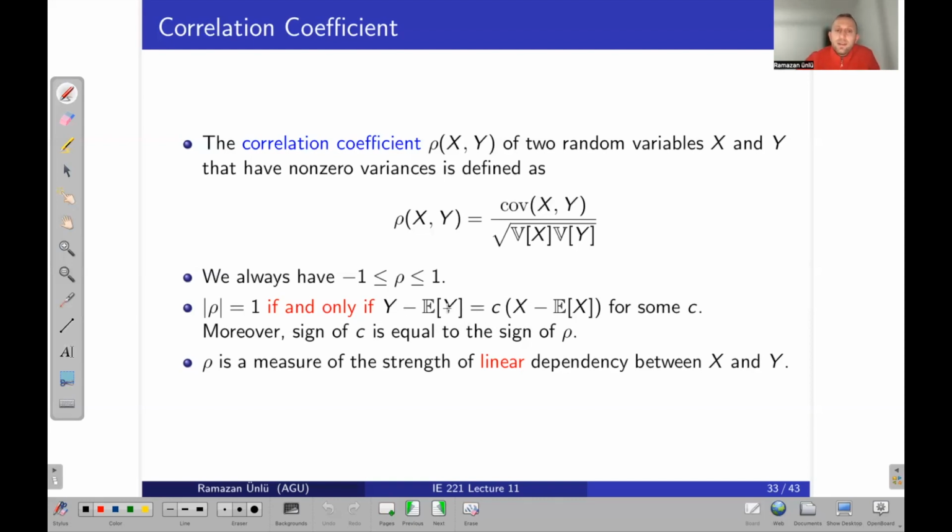If you can define y minus the expected value of y as a linear function of x, for sure you will get a correlation coefficient of 1. So that means if you have -1 or 1 as a result, you can clearly define one random variable with another in linear form. That's why the correlation coefficient is a measure of the strength of the linear dependency between x and y.